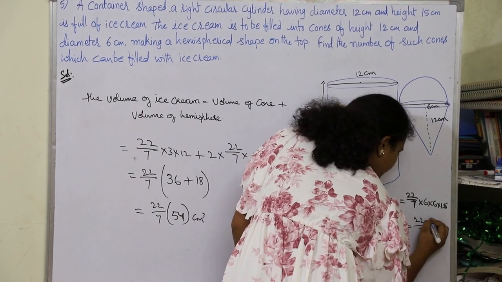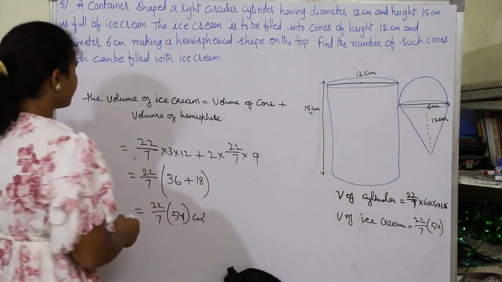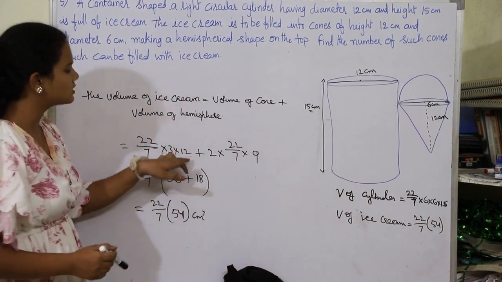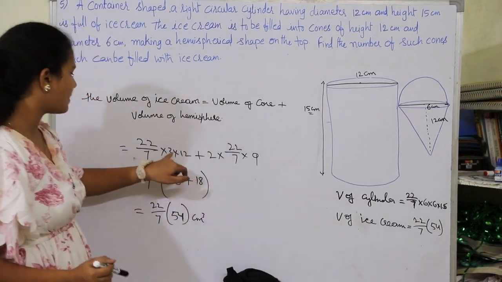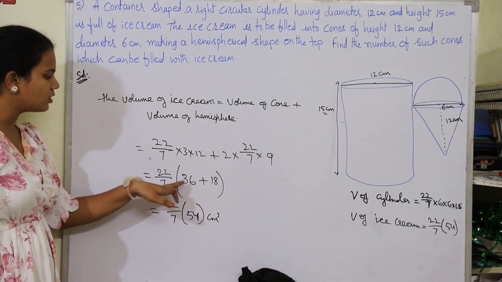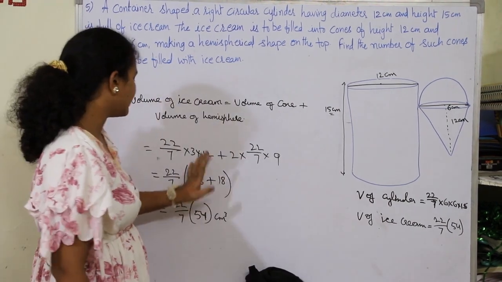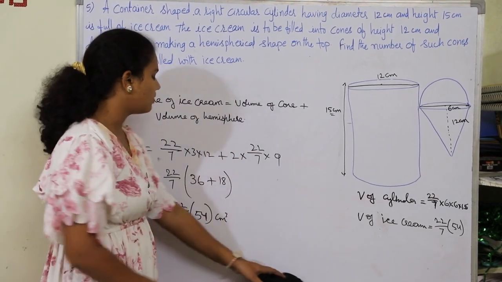Where I have taken 22 by 7 into 3 into 12 plus 2 into 22 by 7 into 9. So 3 12's are 36, 22 by 7 into 36, 2 9's are 18. So 36 plus 18 is 54, 22 by 7 into 54 centimeter cube. Now we are done with this.